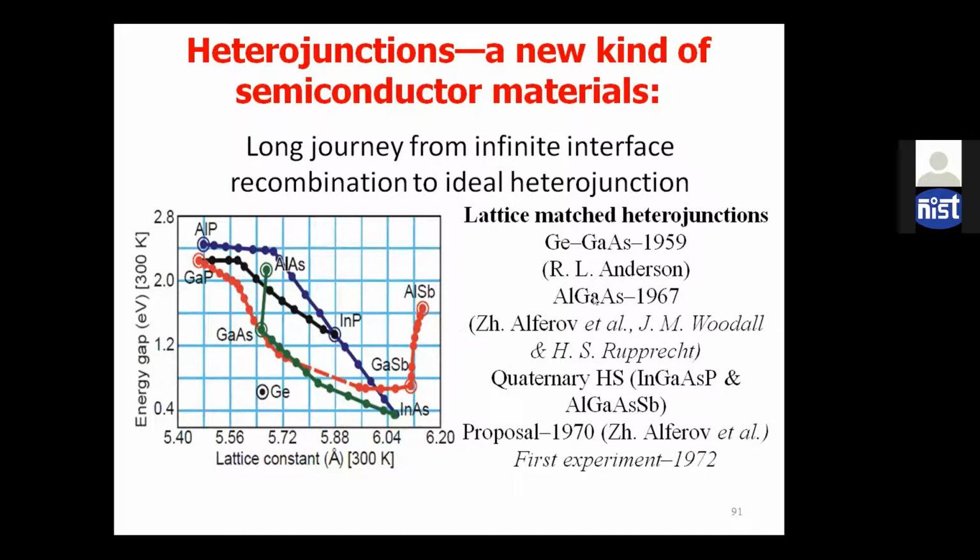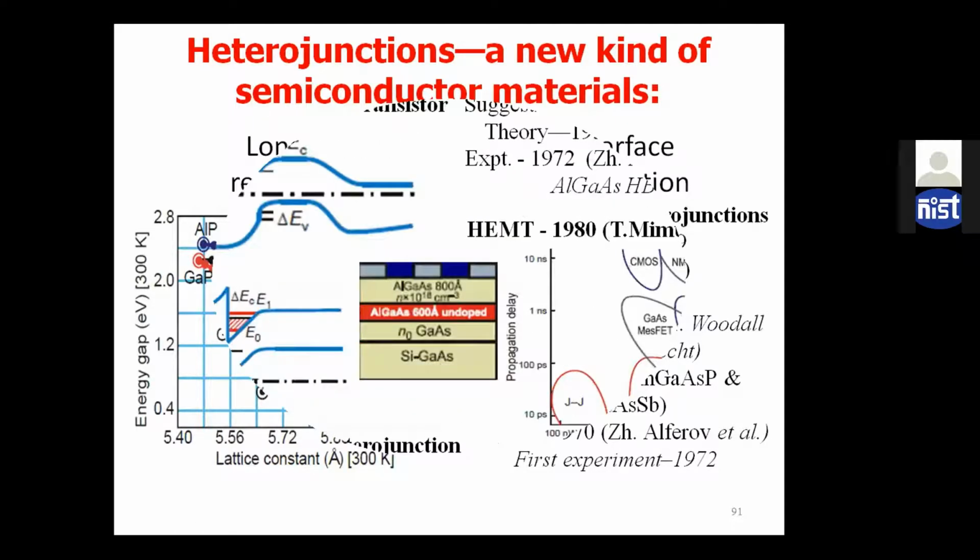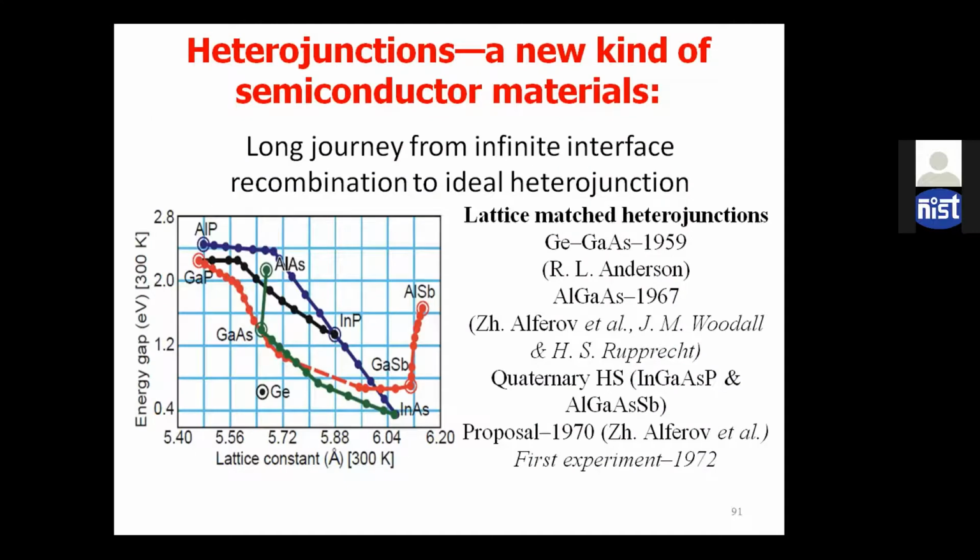So there is a long journey from infinite interface recombination to ideal heterojunctions, which started with the lattice matched heterojunction from 1959 onwards. They have got the Nobel Prize. Already I explained these things.